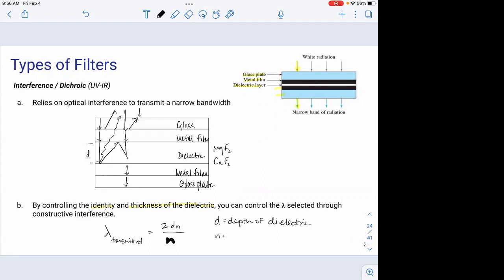Non-bold n is the refractive index of the dielectric, and then bold n is the order of interference. So think back to physics.